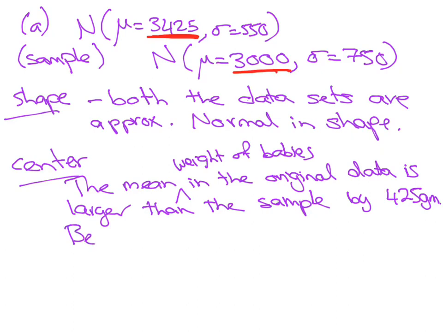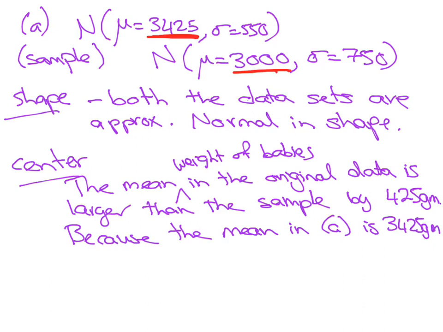Justify that because the mean in part A is 3,425 grams and the sample mean is 3,000 grams.